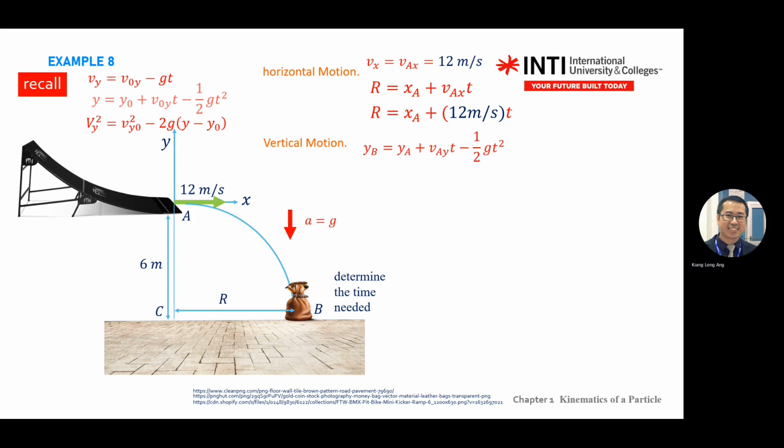I replace, this is the initial, and this one is the final position at B. So YB equal to the first position at A, so YA, plus this one is the initial at Y. What is the initial at Y? What is the velocity AY?